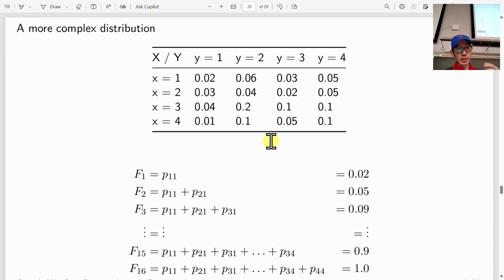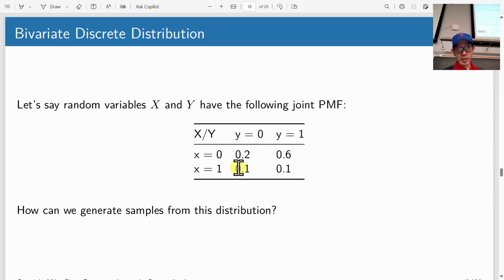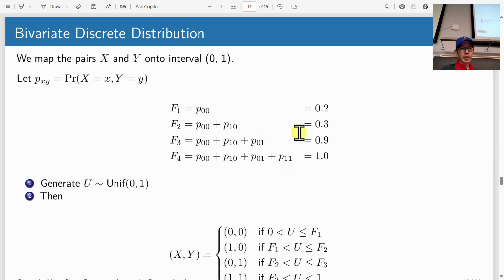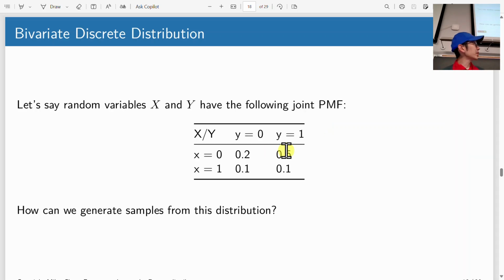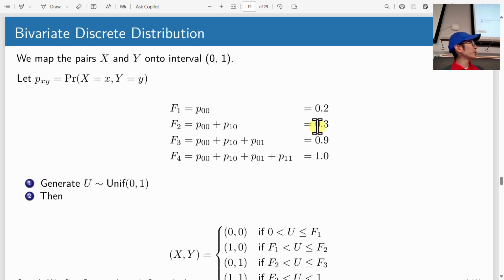Then the next value, 0.1, we'll go down like this, and it gets mapped from 0.2 to 0.3. Then the next value of 0.6 gets mapped from 0.3 to 0.9, and finally that last corner gets mapped from 0.9 to 1.